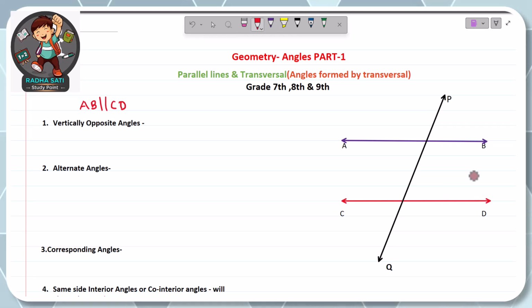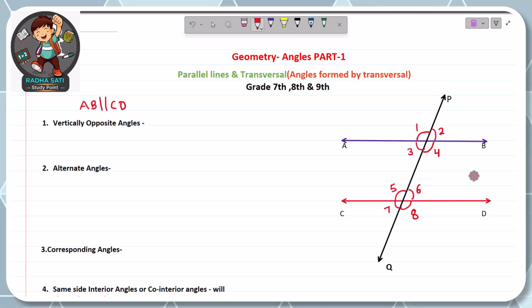Now you can see there are 1, 2, 3, 4, 5, 6, 7, 8 angles getting formed. So first let's name them. Let's name it angle 1, angle 2, angle 3, angle 4, angle 5, 6, 7 and 8.